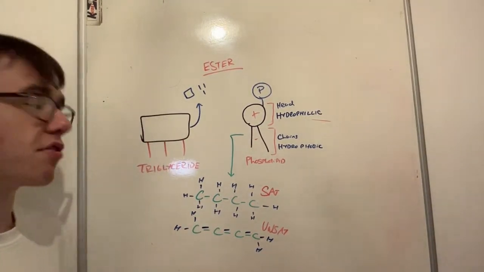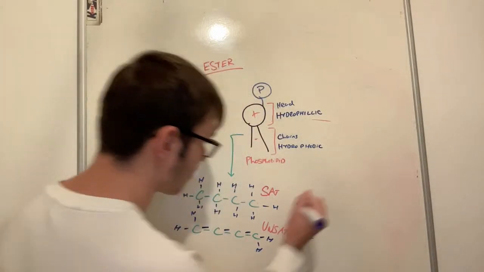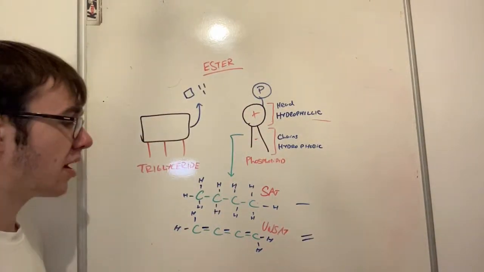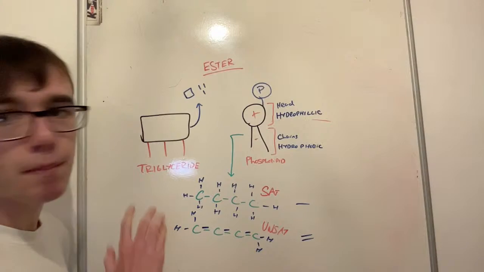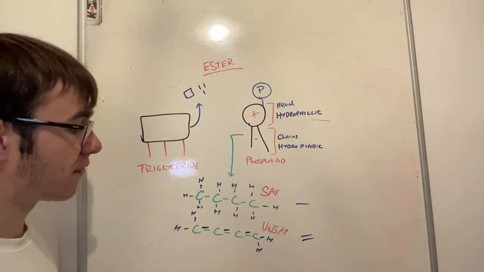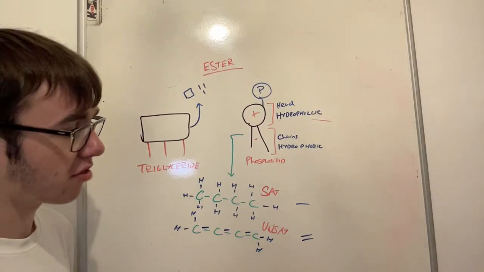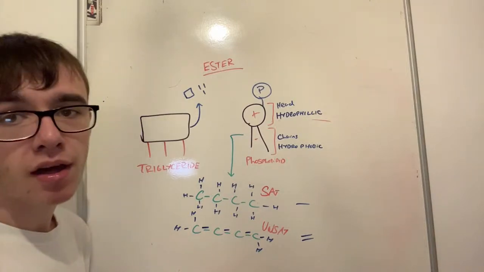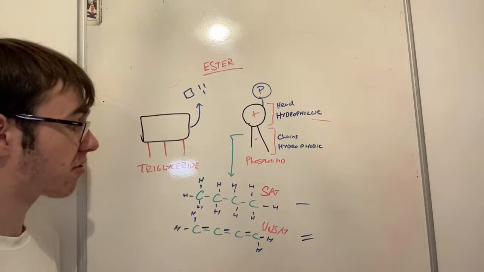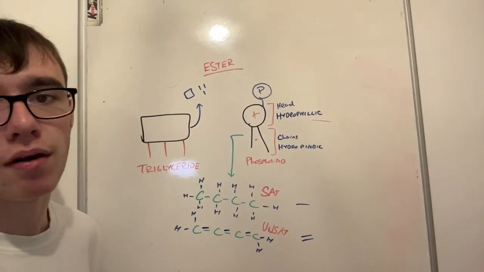So the difference between saturated and unsaturated is unsaturated have double bonds, saturated have single bonds. Saturated contain the maximum amount of hydrogen. Unsaturated contain the minimum amount of hydrogen. I will check the definitions later to make sure I haven't missed anything, because I know they can ask you this question in an exam as well, and you don't want to be unprepared and get that wrong.